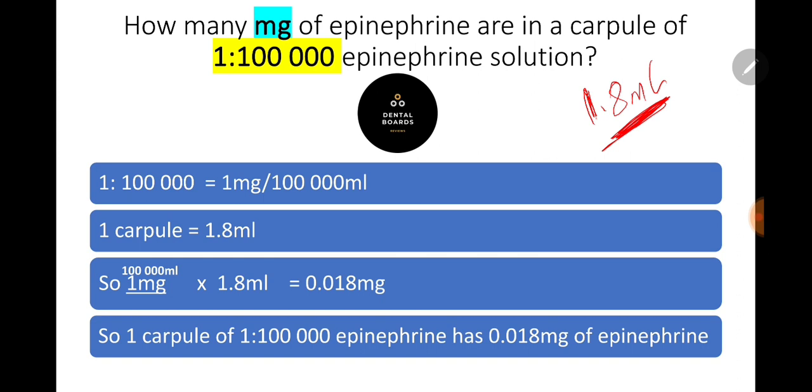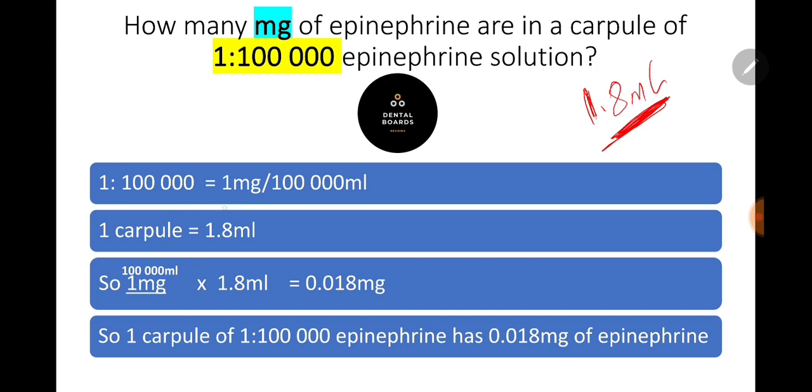To know the milligrams of epinephrine, most of the capsule concentrations are going to be 1 to 100,000, 1 to 200,000, 1 to 250,000, or 1 to 50,000.